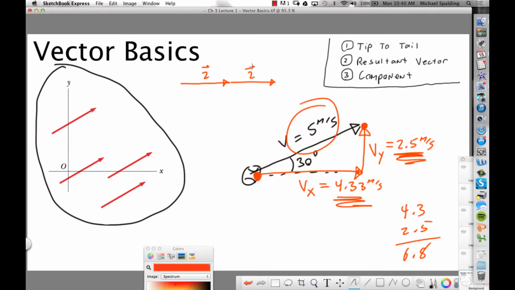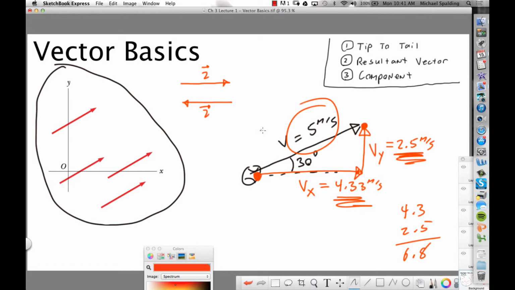Tip to tail. So you go, oh, 2 plus 2, that's 4. That's one extreme. But what if you had 2 and 2 where the other 2 pointed the other way? Then what would that give? 0. Then they cancel. All right. Hey, are you guys following this?